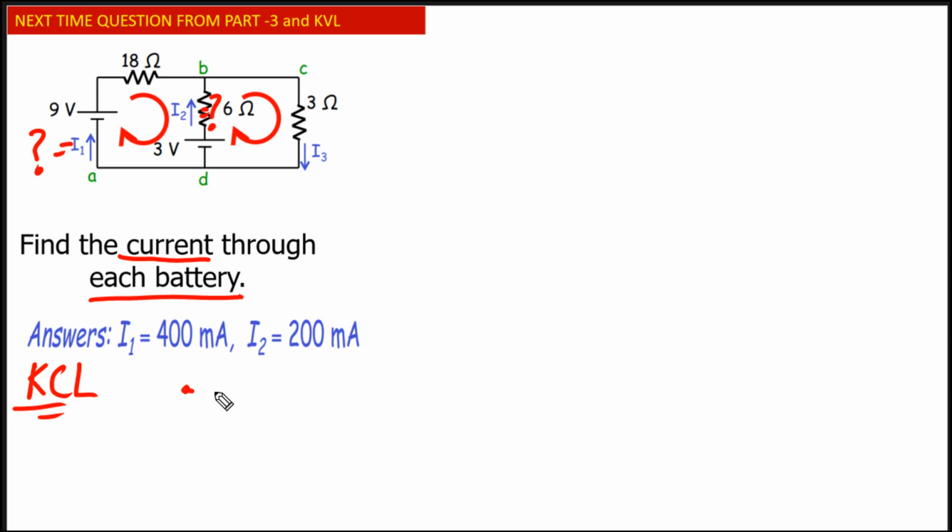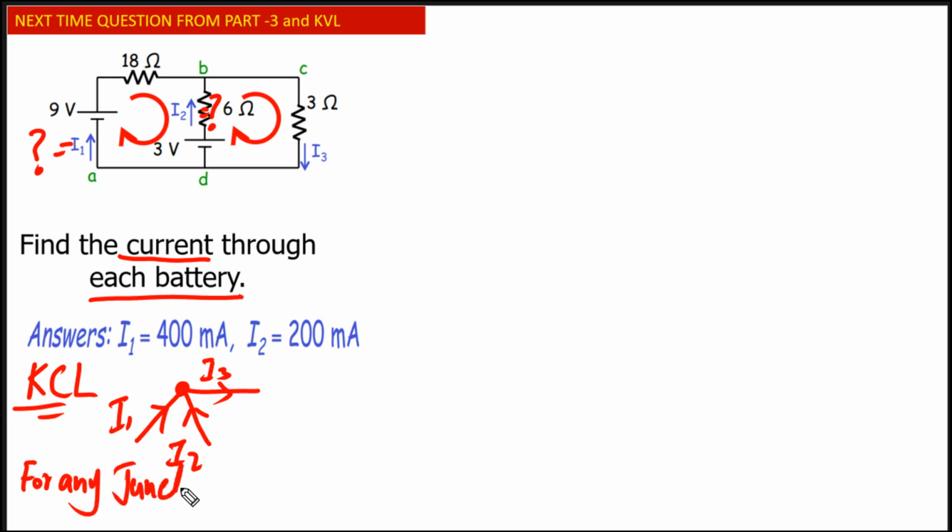Let's say we have a junction here, and here let's say current I1 is entering. This is a junction, also sometimes we call it a node, and here the current is I2 and here the current is I3. So according to KCL, for any junction, I entering has to be equal to I leaving.